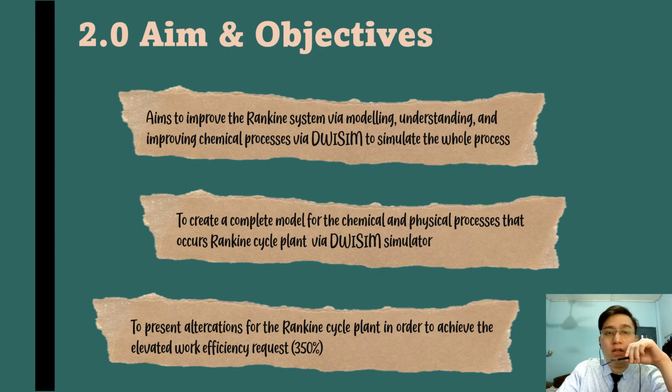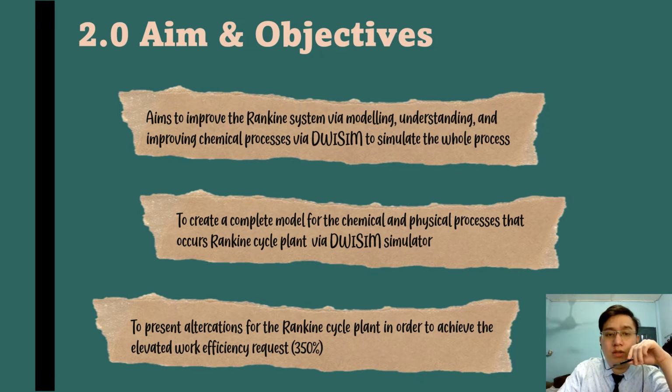Now, the aim and objectives of this study report. First of all, the aim is to improve the Rankine system by modeling and understanding it, and then improve chemical processes via DWSIM to simulate the whole chemical processes that happen.